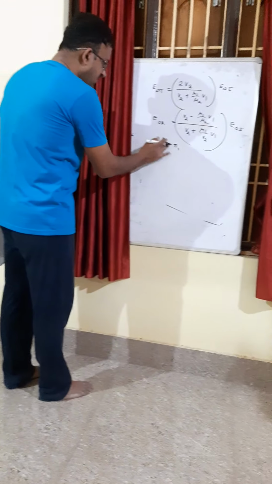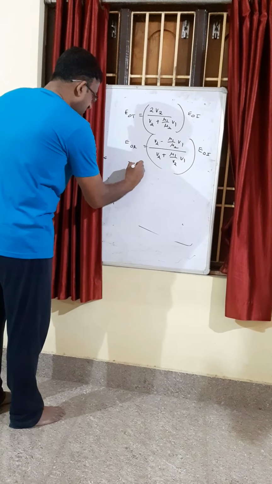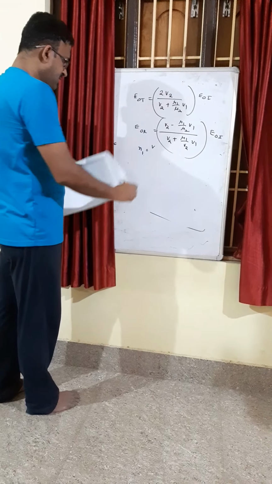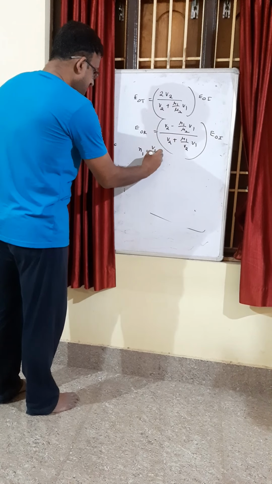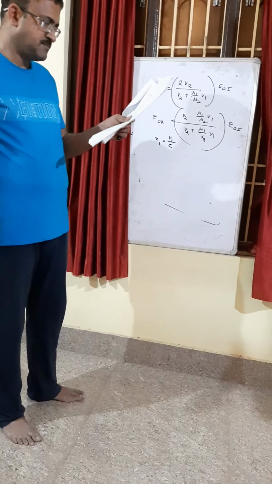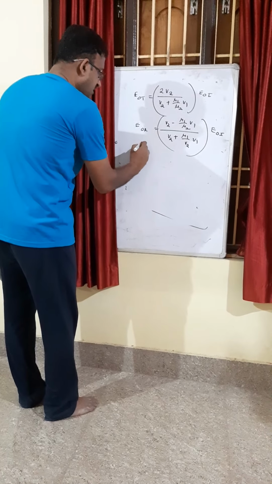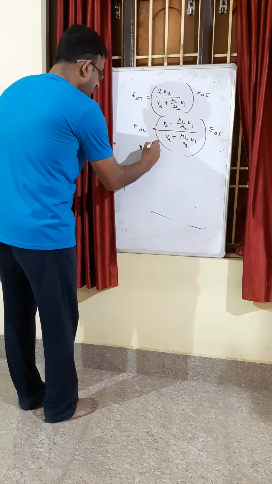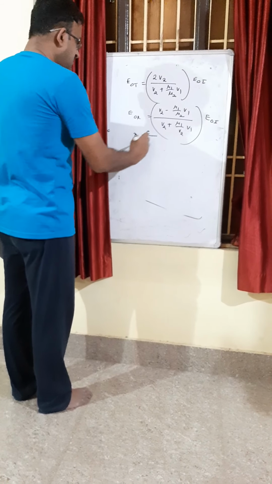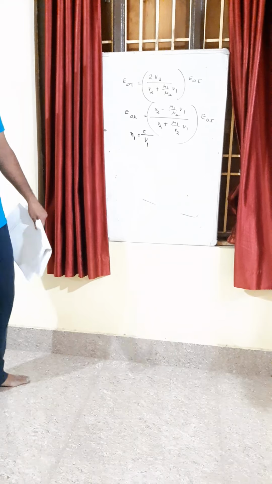So how can you relate n1 and v1? You know the refractive index for a particular medium is the ratio of the speed of light in vacuum to the speed of light in the medium. So n1 will be equal to c upon v1.